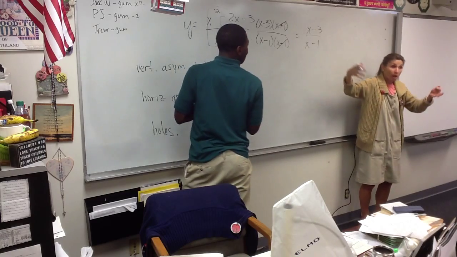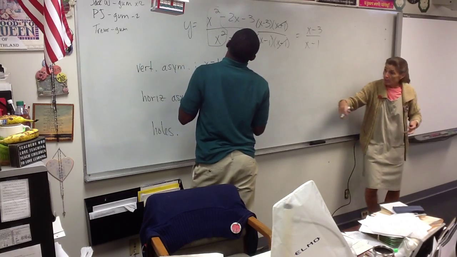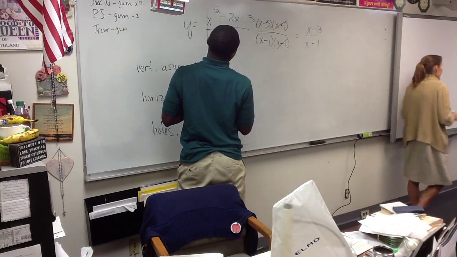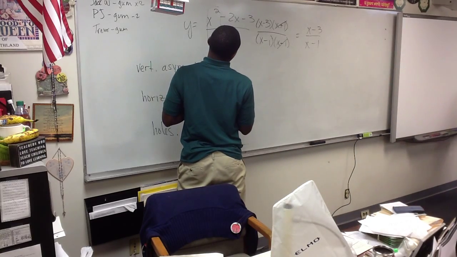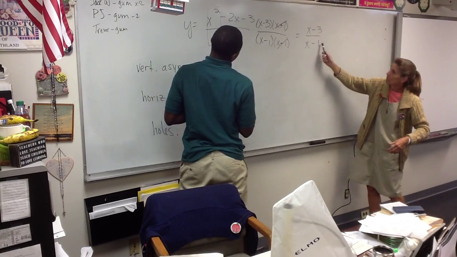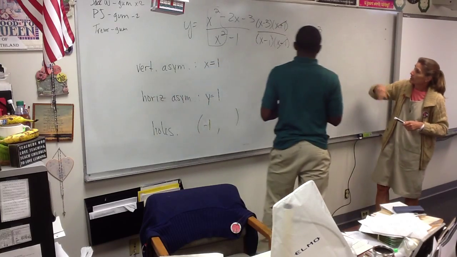So this is his new problem. Now, he knows his x coordinate is negative 1. How does he find the y coordinate of his hole? He plugs it in, and you plug it in right here. Jordan, right here. So what do you get when you plug in negative 1?